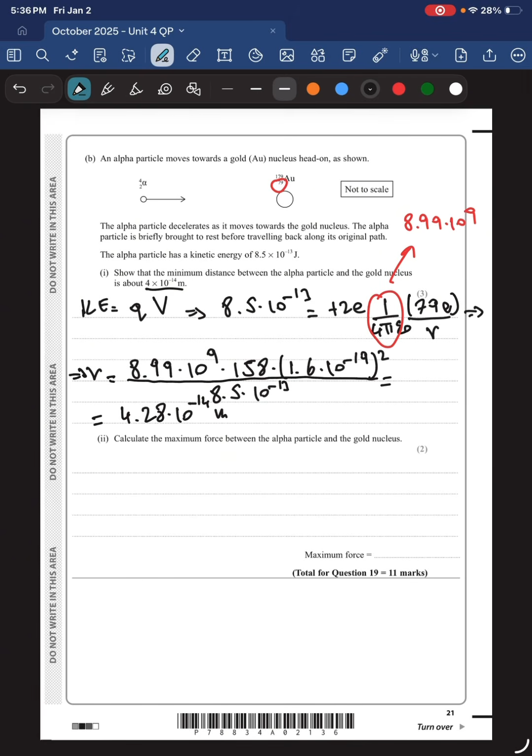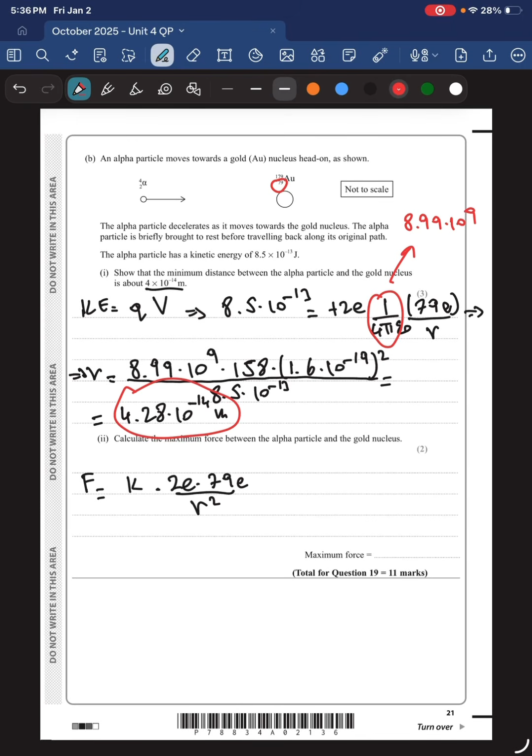I mean, close. Okay, calculate the maximum force between the alpha particle and the gold nucleus. So the maximum force will be the force at the closest approach. So F is going to be k times 2e times 79e over r squared, where r is this r.